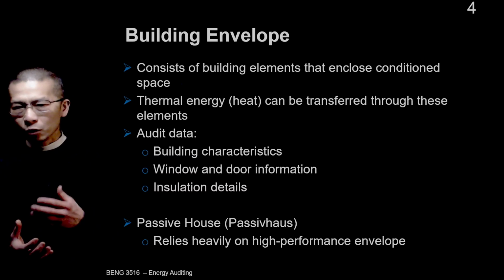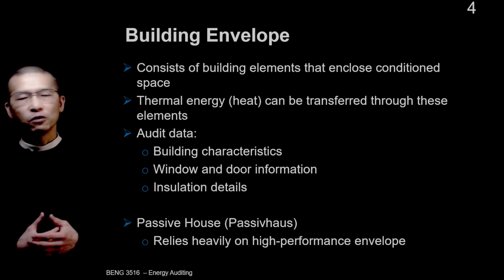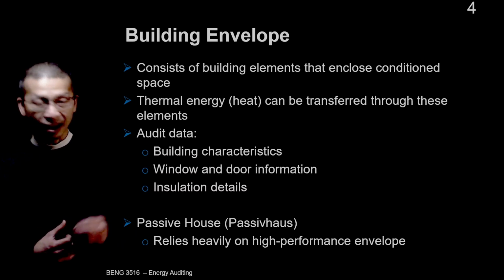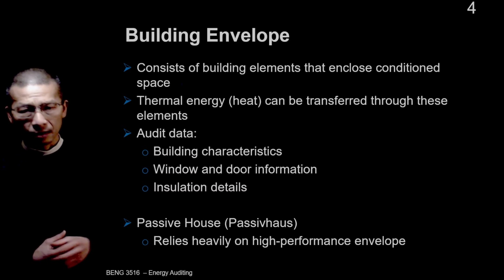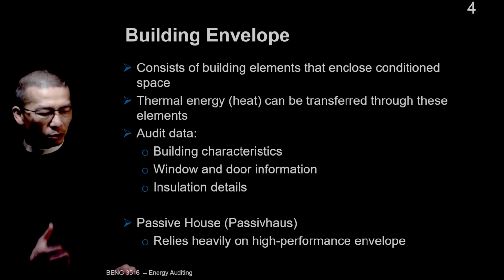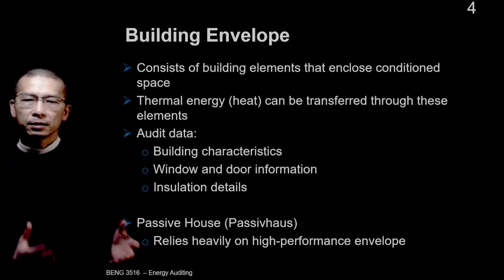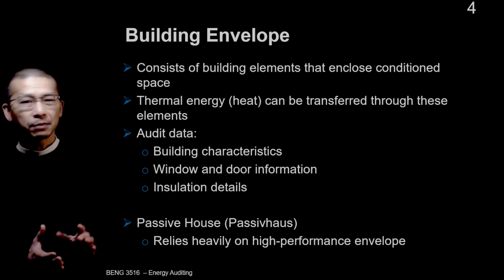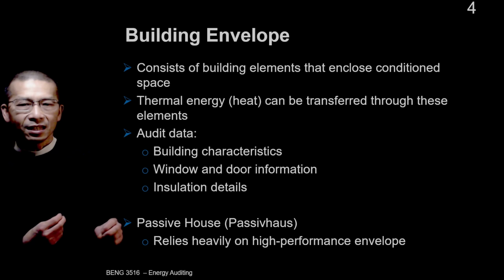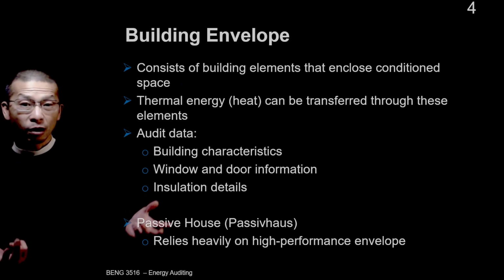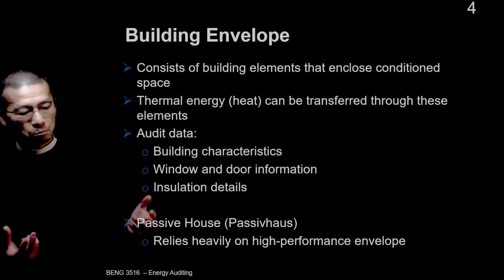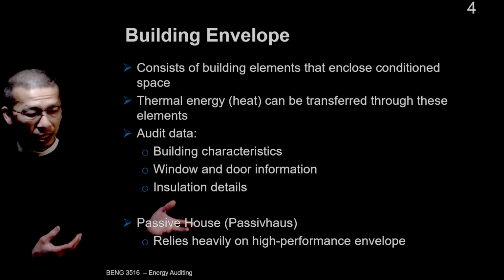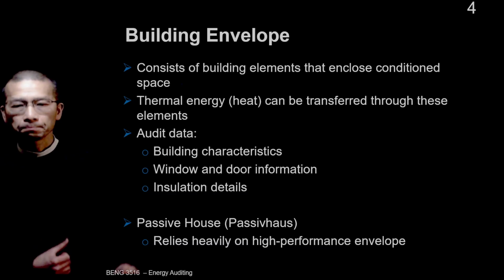The standard relies so heavily on a high-performance envelope, extreme insulation and air tightness, that many of these buildings don't even require a traditional furnace, even in cold climates. Sometimes a small resistance heating coil in an HRV might work, or a mini-split heat pump would be enough. So yeah, look up Passive House.